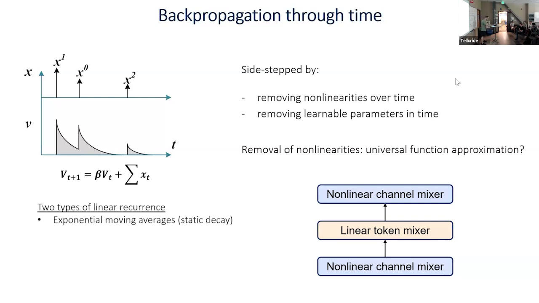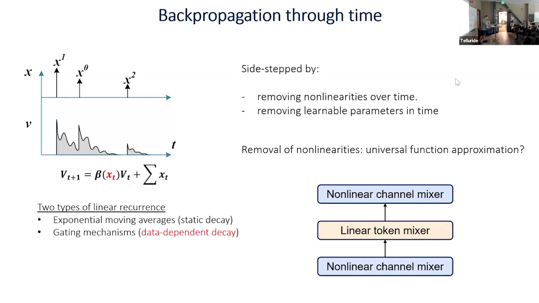From what I've seen, I feel like there are 2 general types of linear recurrent models. Those where over time you've got some exponential moving average, like a spiking neuron model that just decays. We call that a static decay because the decay doesn't change in its native form. But what we also see is where you have gating mechanisms included.